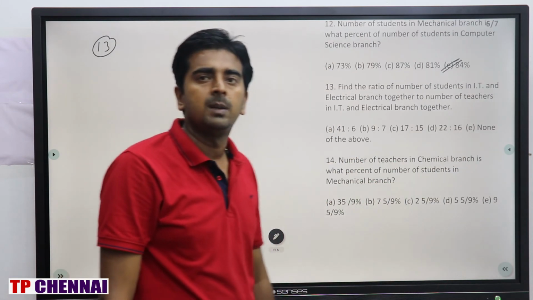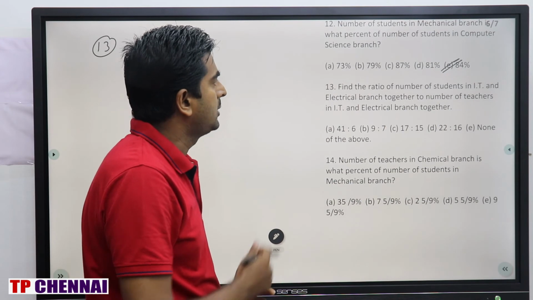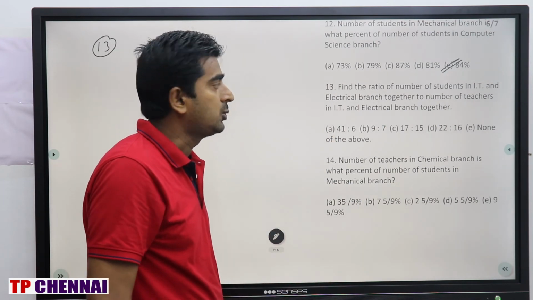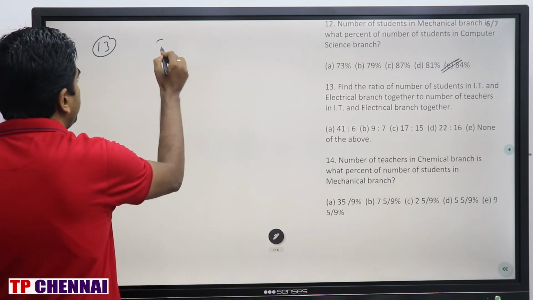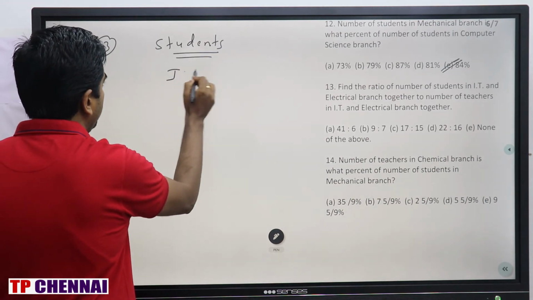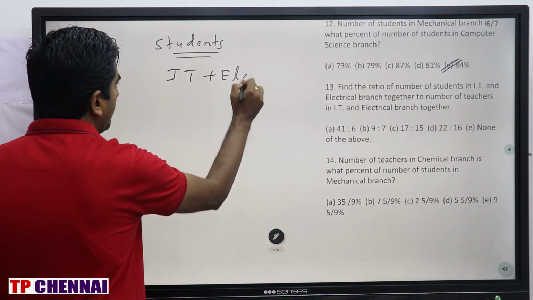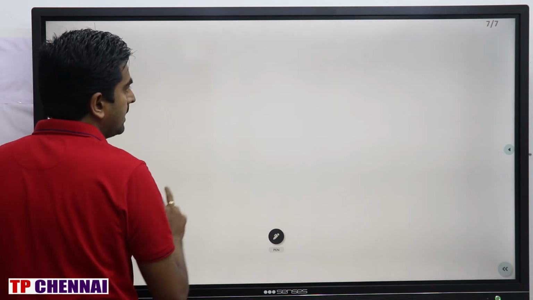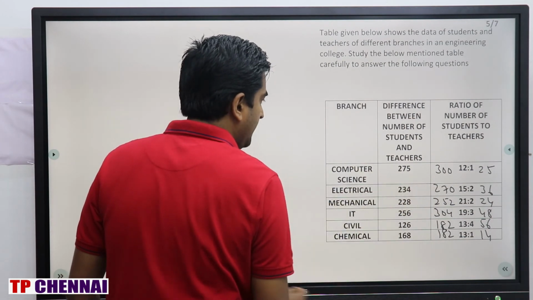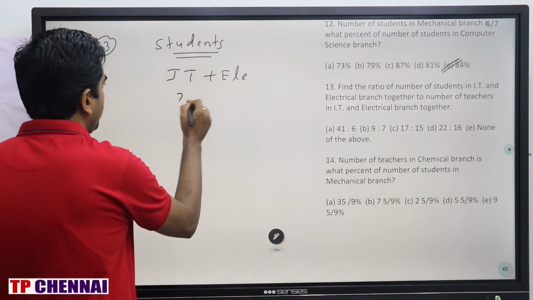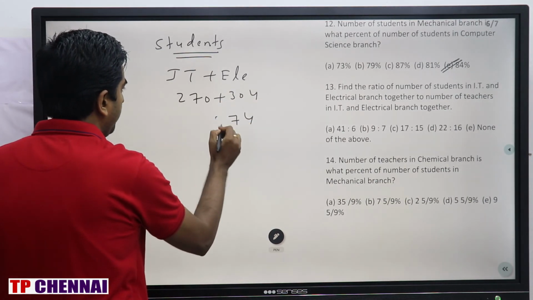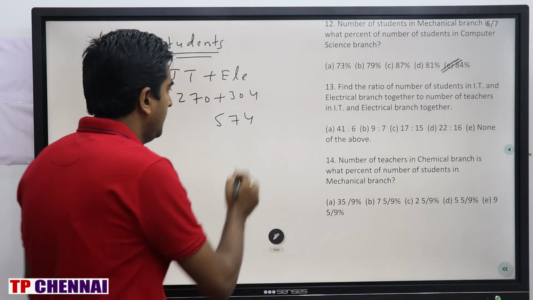Clear? Question number 13. Find the ratio of number of students in IT and electrical branch together to the number of teachers in IT and electrical branch together. Students in IT and electrical, 270 and 304. 574, right?